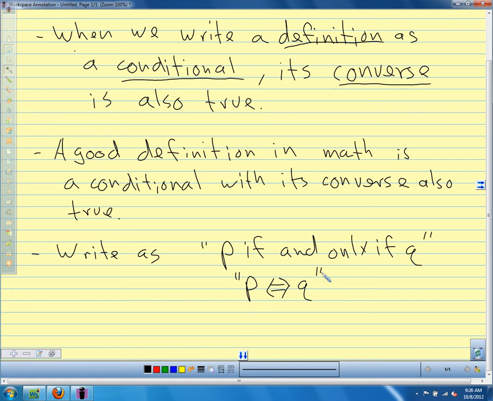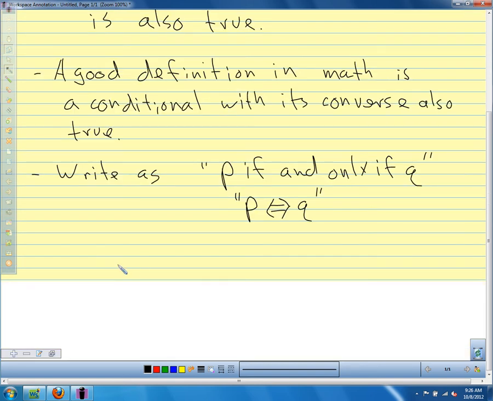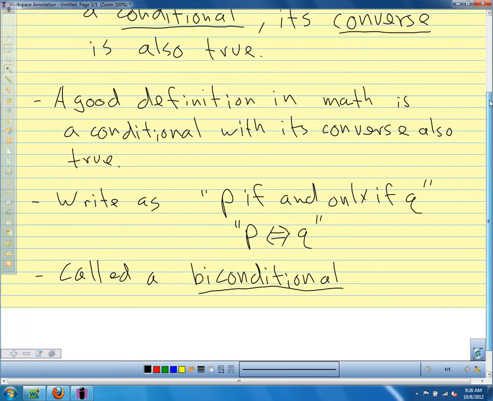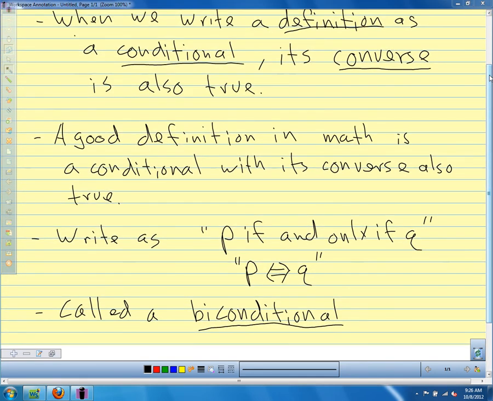These both mean the same thing, and this is called a biconditional. So this is how we make a definition in math. We have a conditional statement that talks about whatever we're interested in, and its converse is also true. When our conditional statement and the converse are both true, we can write it as a biconditional, if and only if.